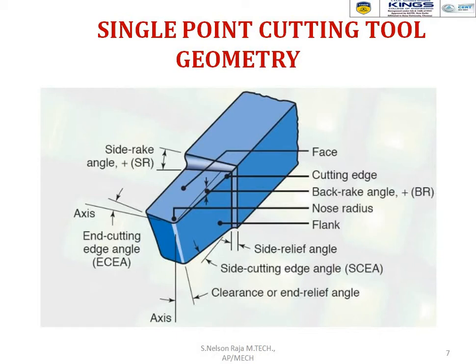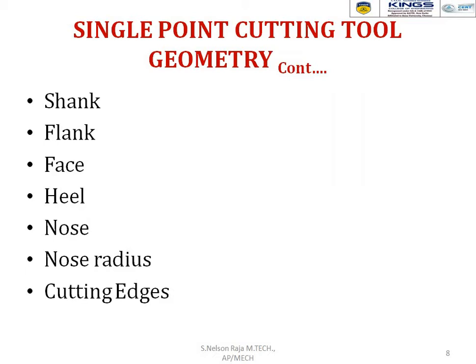So these are the major geometrical parameters of a single point cutting tool. Namely: shank, flank, face, heel, nose radius, and cutting edge.